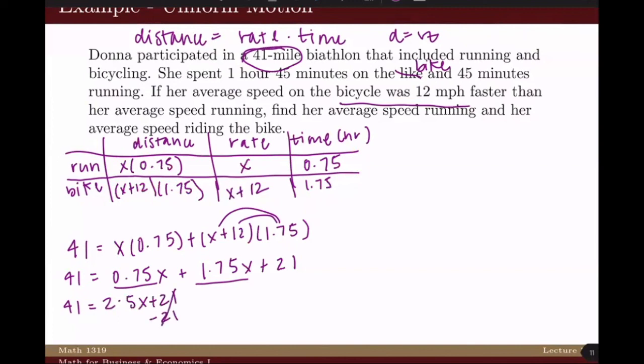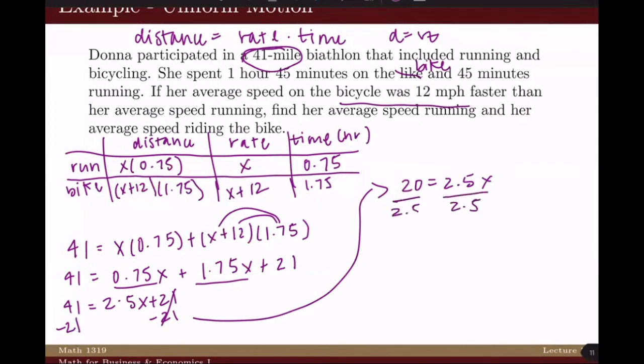And then you subtract 21 from both sides. So you get 20 equals 2.5x. And then we will divide each side by 2.5. And you get 8 equals x.